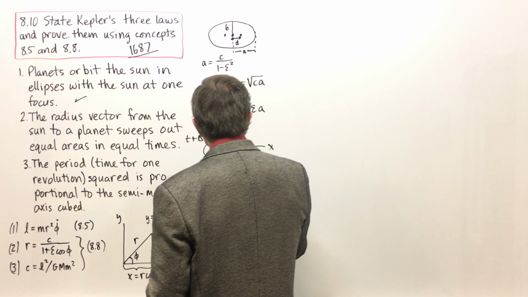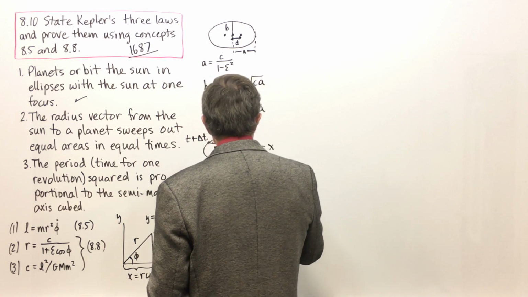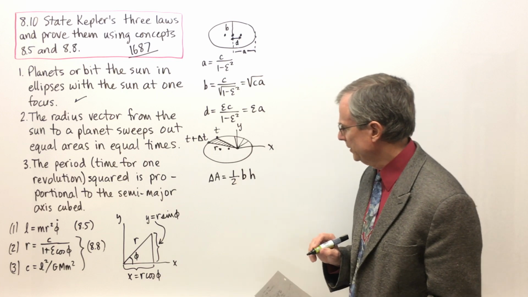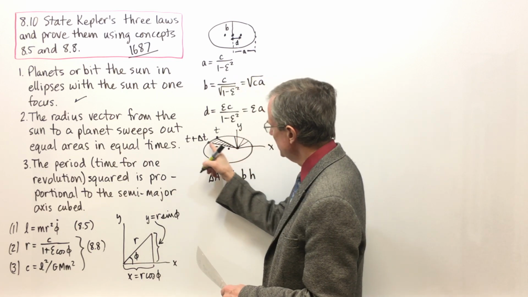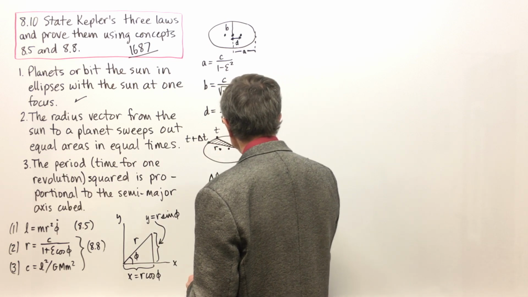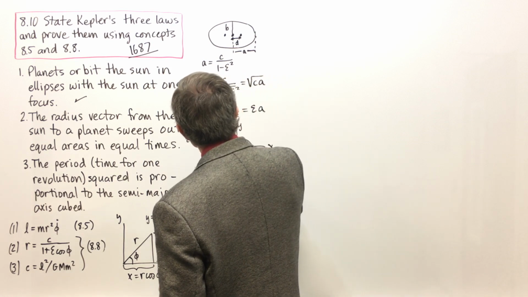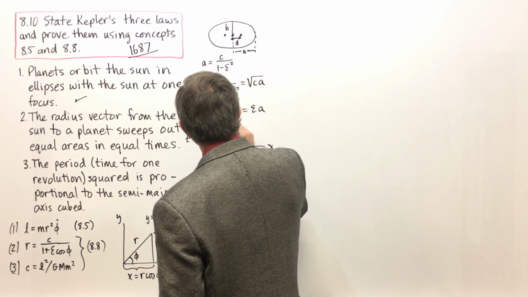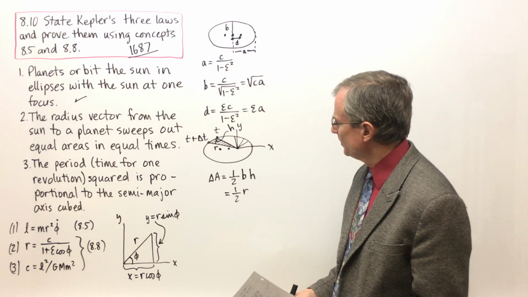Well, the area of a triangle is 1/2 the base of the triangle times the height of the triangle. And if we take the base of the triangle to be this r right here, then the height of the triangle should be this distance right here, h.